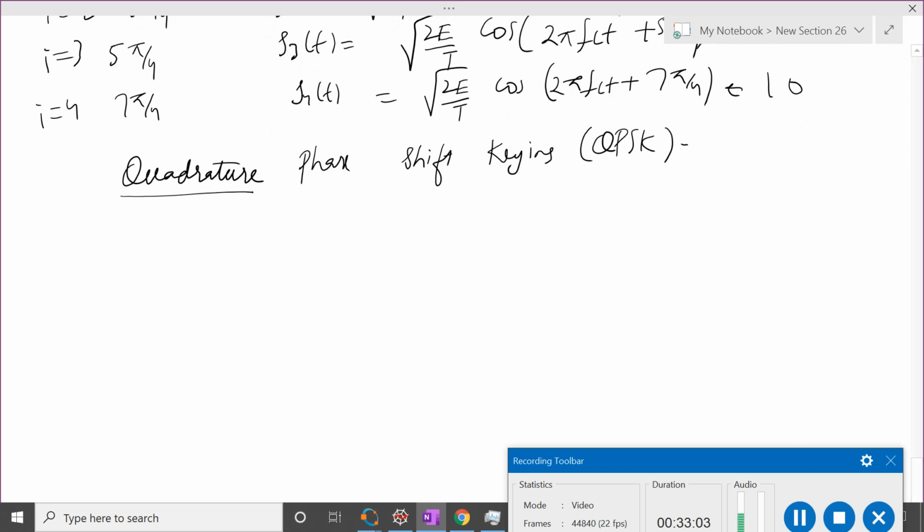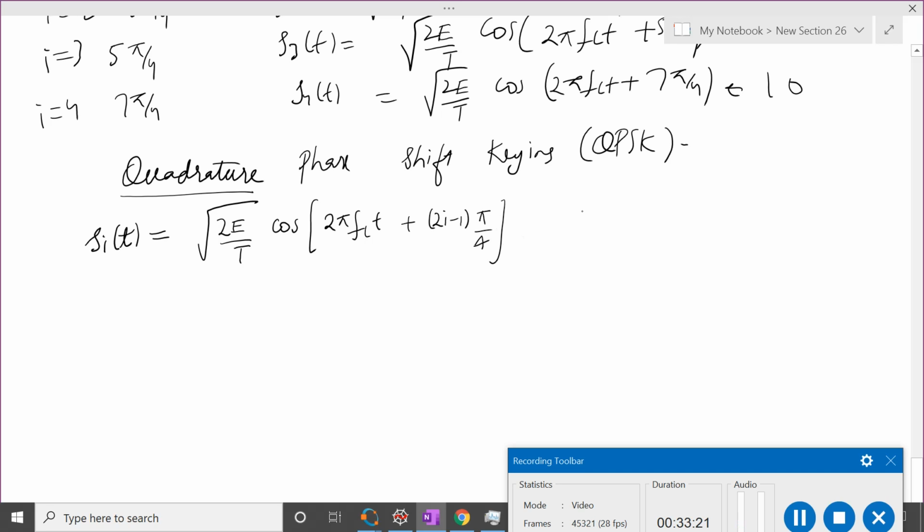Let me rewrite this equation. Si of t is under root of 2E by T cos of 2 pi fct plus 2i minus 1 pi by 4 for i equal to 1, 2, 3, 4, and t is between 0 to capital T.